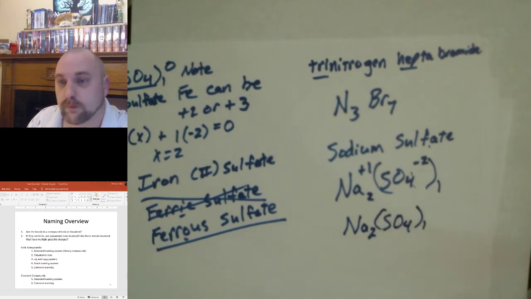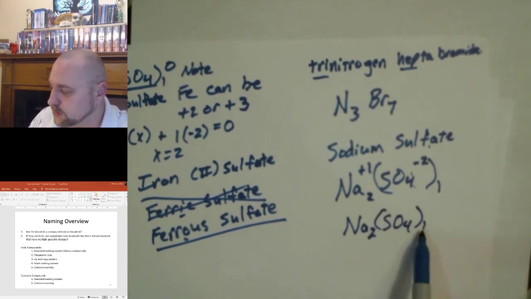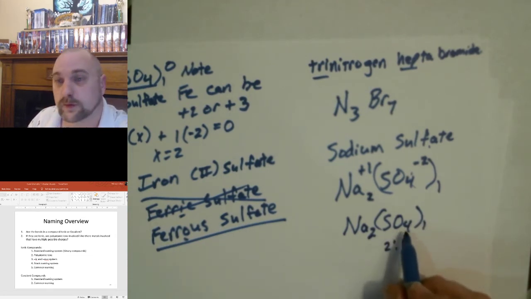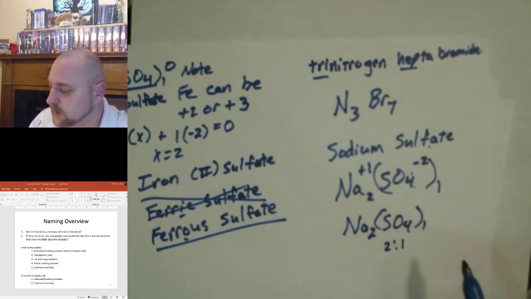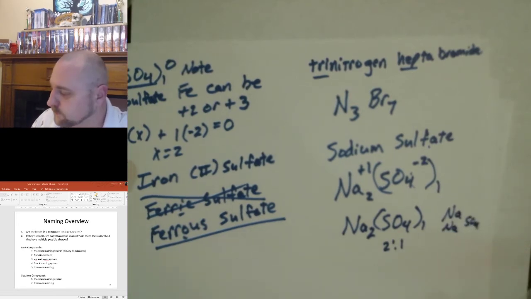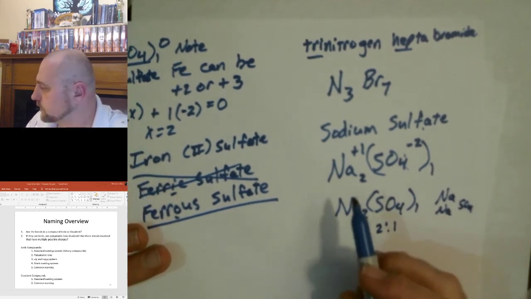Now usually we leave off these parentheses and the 1, but I want to keep it for right now just so I can see. I don't want to reduce the ratio. The ratio is 2 to 1, not 2 to 4. That 4 is part of the piece. Alright, so what I'm saying is I have 2 sodiums and 1 SO4, one piece that has 4 oxygens.